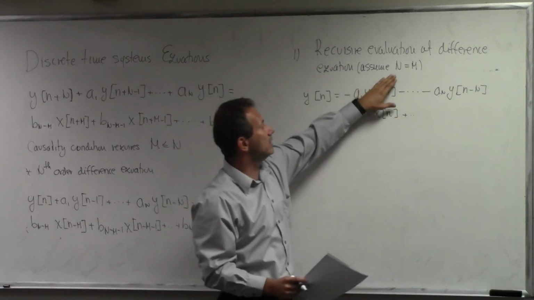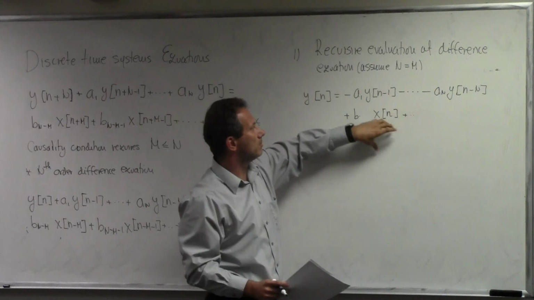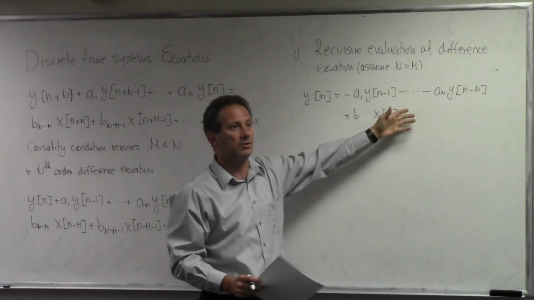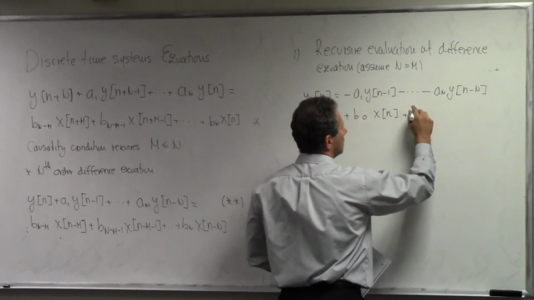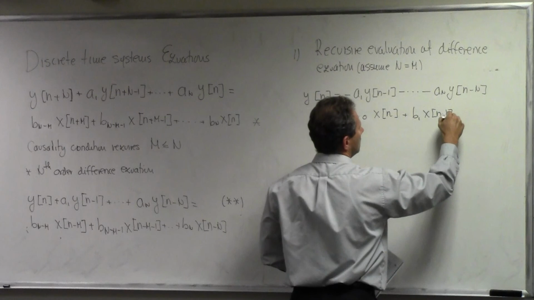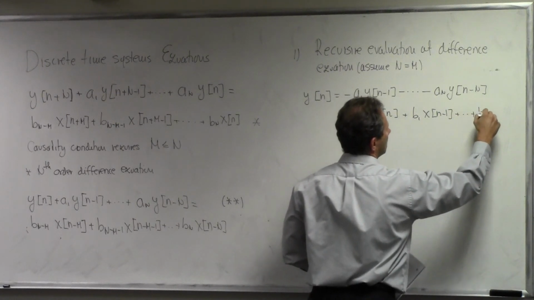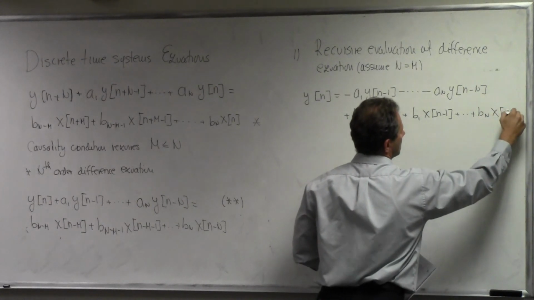It is kind of the general case too, because everything fits in this case, but some of these b's can be made 0. So then I have b0 x of n plus b1 x of n minus 1, and so on, plus bN x of n minus N.